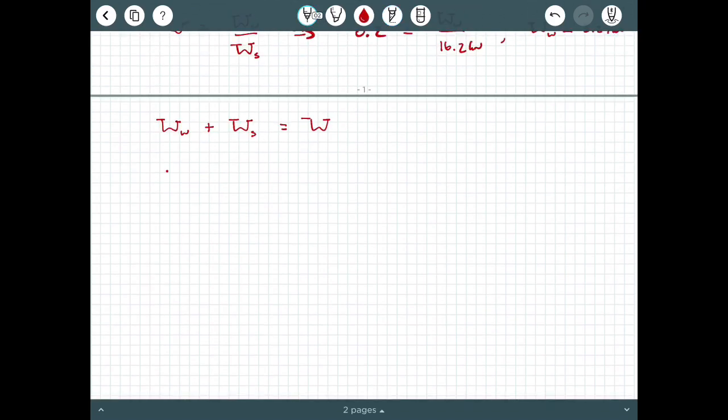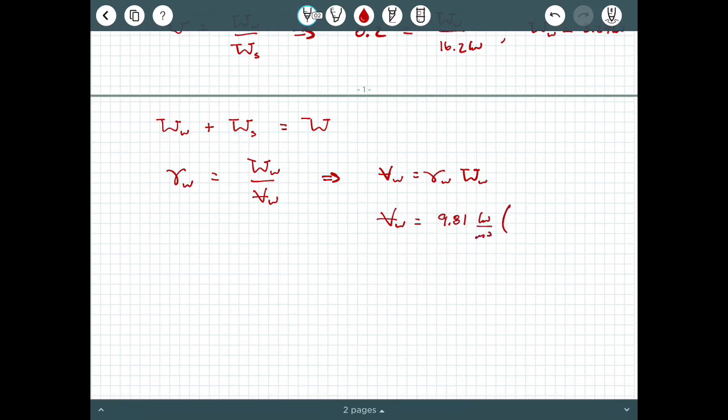So we're going to say the unit weight of water is the weight of water over the volume of water, okay? And we can do some rearranging, and we'll say the volume of water is the unit weight of water times the weight of water. And so the volume of water is, what's the unit weight of water? 9.81 kilonewtons per meter cubed.